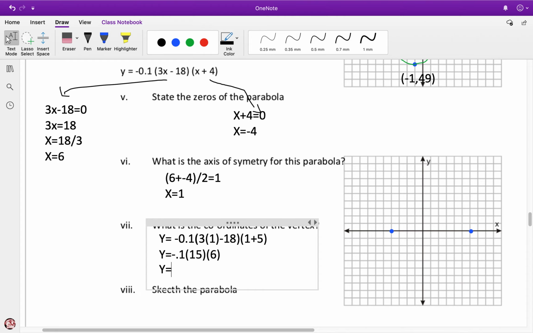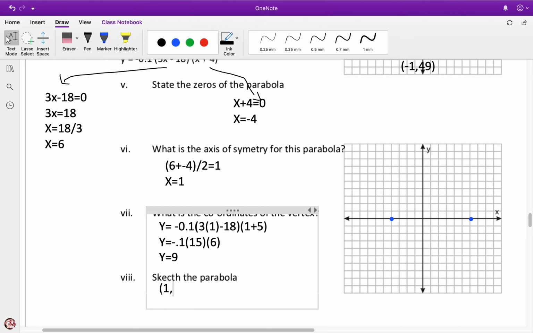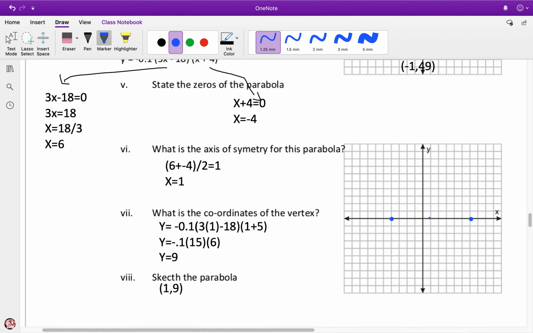Let me plug it all in. Clear, -0.1 bracket... equals 9. So we know the coordinate of our vertex is 1, 9. So then we go 1 here, up 9, and there is our parabola.